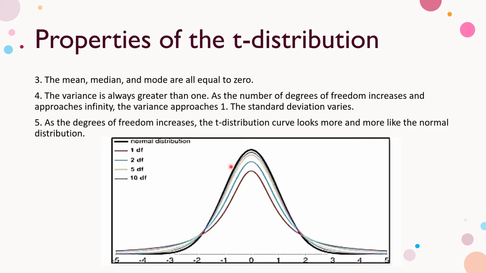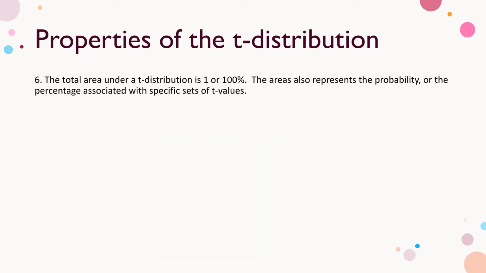It becomes closer. And for 10, it almost seems like the normal distribution. So if we still increase the degrees of freedom, it tends to look more and more like the normal curve.